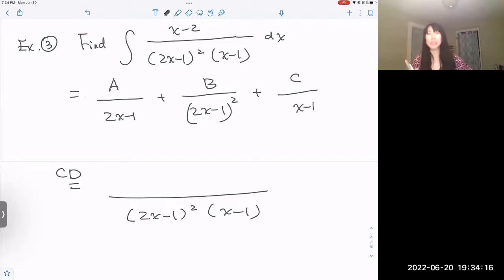Then A needs one more 2x minus 1, times x minus 1. The second term, B, needs x minus 1.